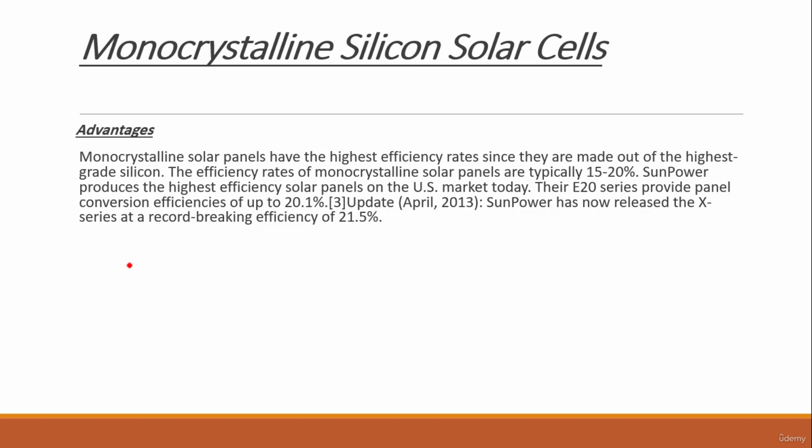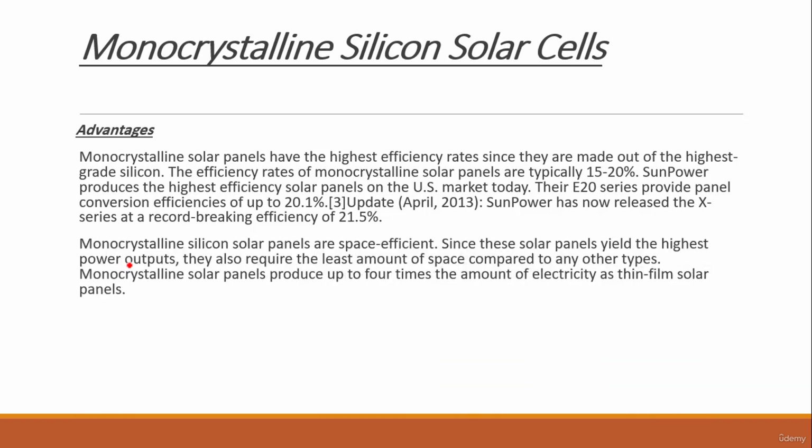And SunPower has now also released the X series at a record-breaking efficiency of 21.5%. So the typical monocrystalline has a high efficiency between 15 to 20% and could now reach up to 21.5%.